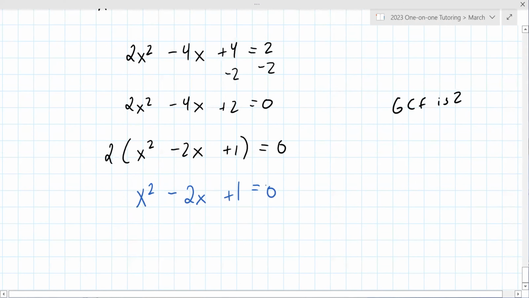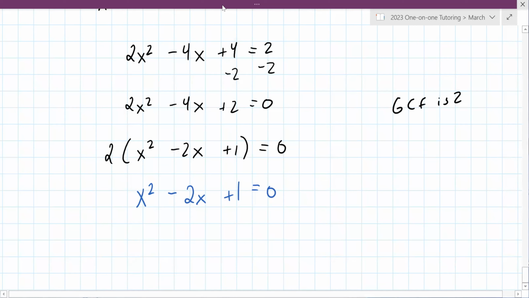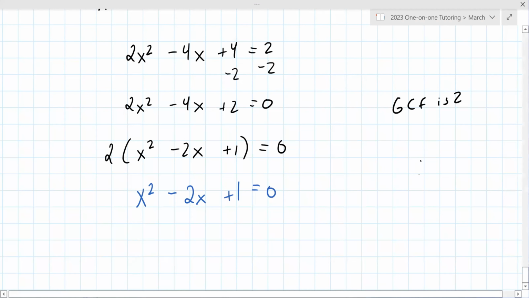Okay. So the greatest common factor 2 doesn't contribute to the solution, and that's why I've rewritten it so your focus is just on what's inside the parentheses. You're now looking for two numbers that multiply to 1 but add to -2. For example, 1 times 1 is +1, but does that add to -2?